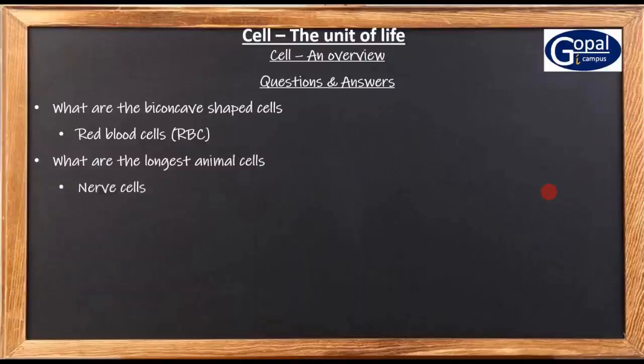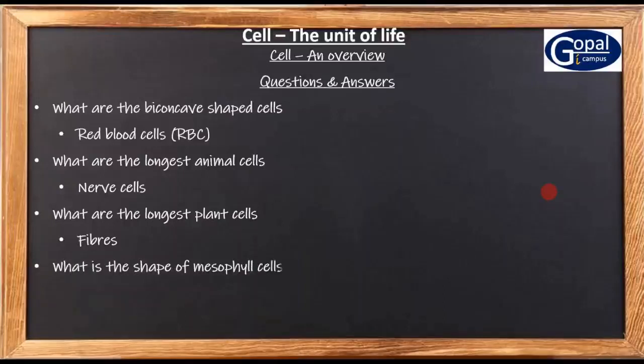What are the longest plant cells? The longest plant cells are the fibers, sclerenchymatous fibers. What is the shape of a mesophyll cell? The shape of a mesophyll cell is round or oval.